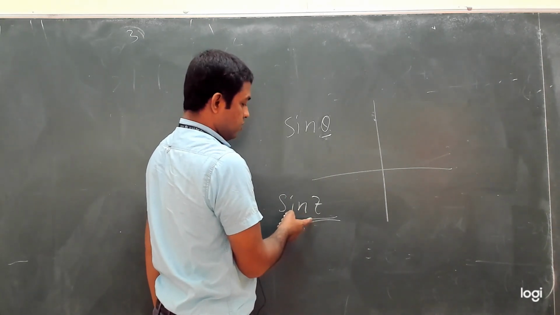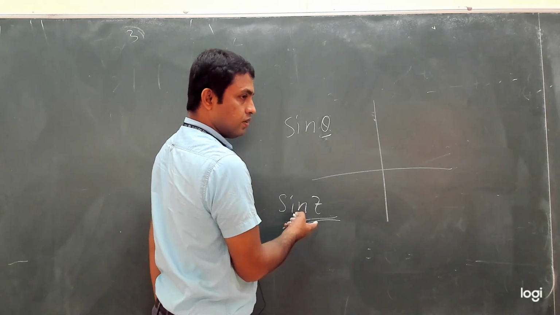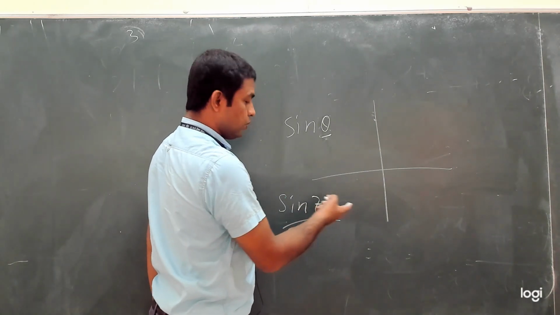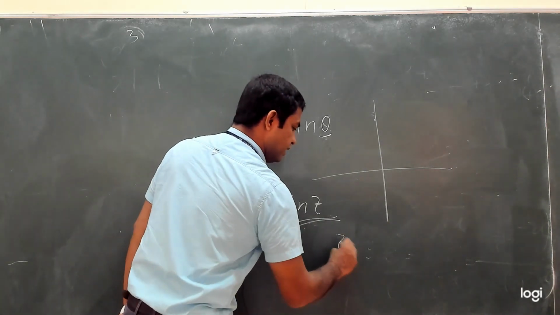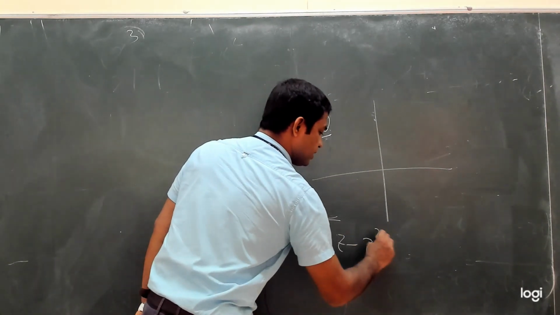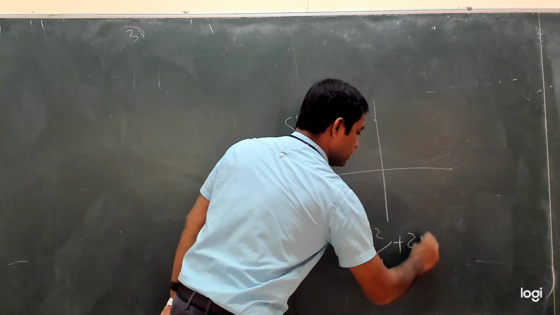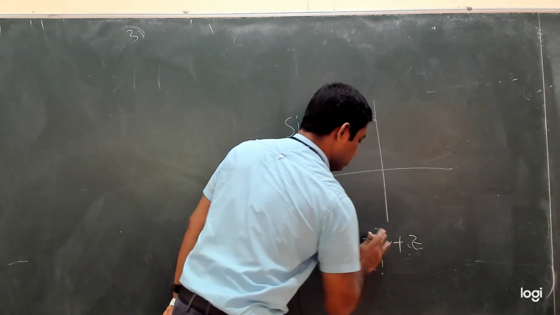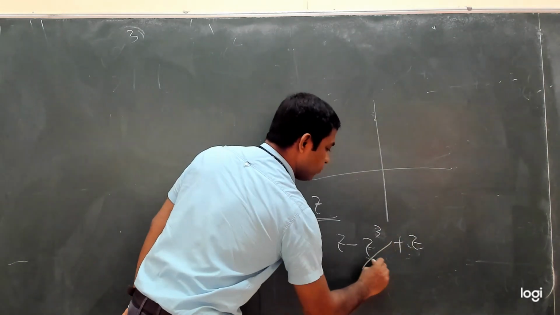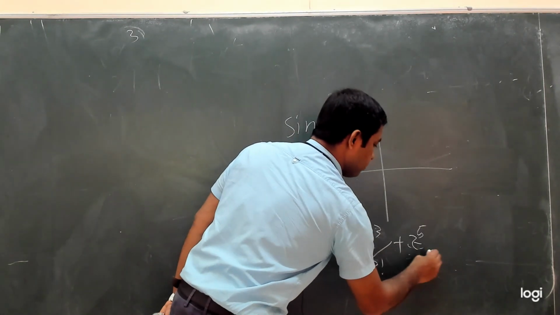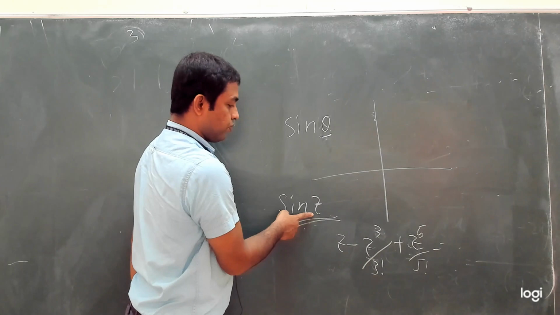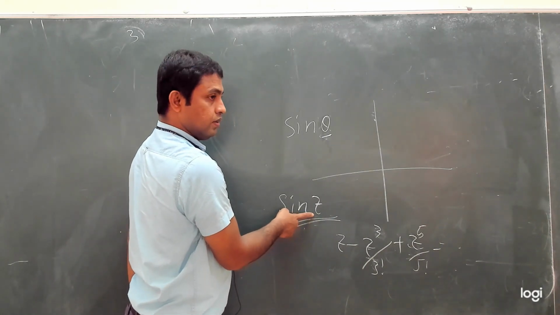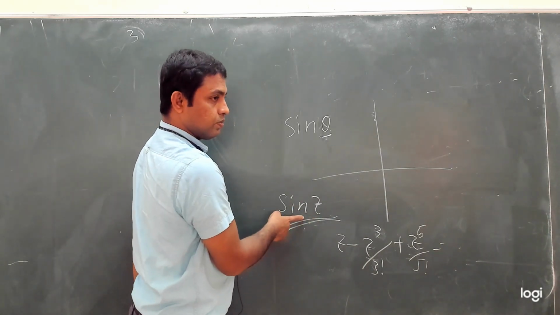Okay, so sin z. What is sin z? You use the series expansion: z minus z cube by 3 factorial plus z raised to 5 by 5 factorial, plus etc. So here there is no concept of angle for z, even for the sine function itself.